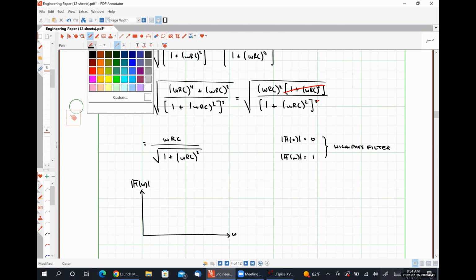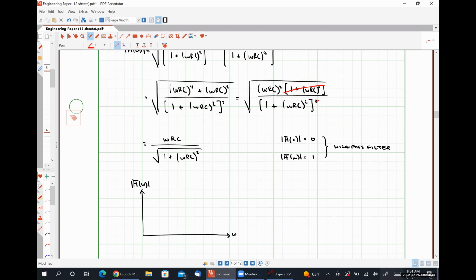our graph would look something like this. Where this corresponds to 1. Here is our corner frequency, which again occurs at 1 over the square root of 2. So this is our half power or minus 3 dB frequency.